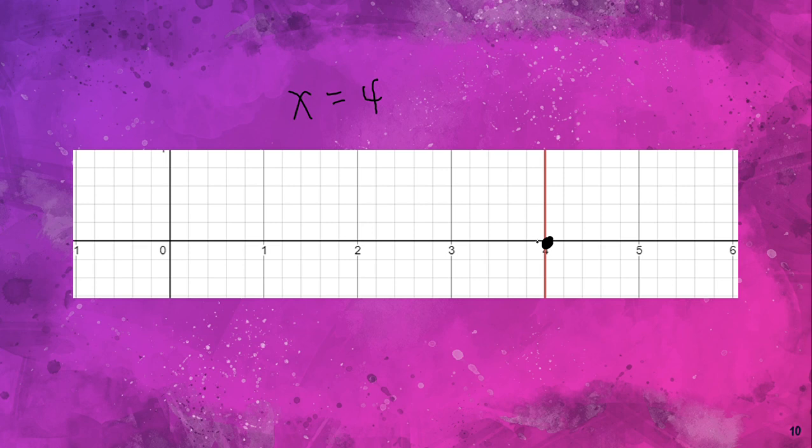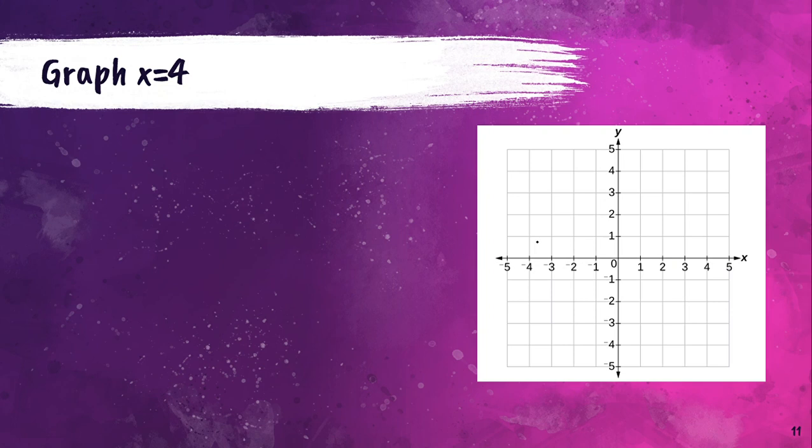So to further understand, let's have here an example. Graph x is equal to 4. The equation x is equal to 4 is also equivalent to the equation x plus 0y is equal to 4.